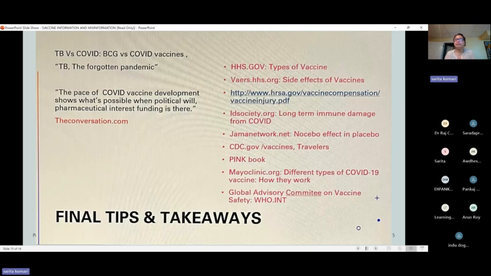Someone has asked a question about what rich countries are doing, what poor countries are doing, and how that gap can be filled. Those questions I don't have answers to, but this pretty much tells you that political will and pharmaceutical interest funding is there. And I think India does have enough funding. Even Bill Gates provides enough funding for vaccination. So it's political will that can create a TB vaccine.